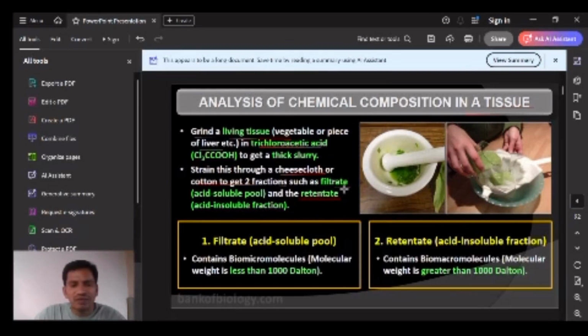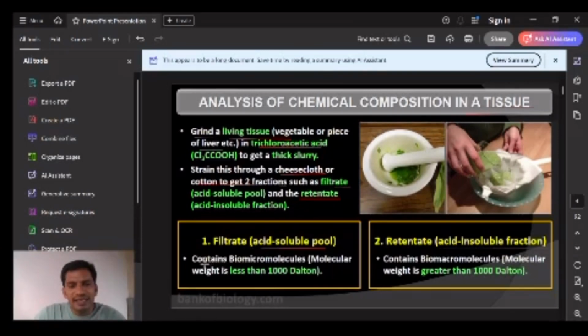The filtrate is also called the acid soluble pool, and the retentate is also known as the acid insoluble pool. The filtrate is in the beaker, and the retentate remains on the filter paper or cheesecloth.